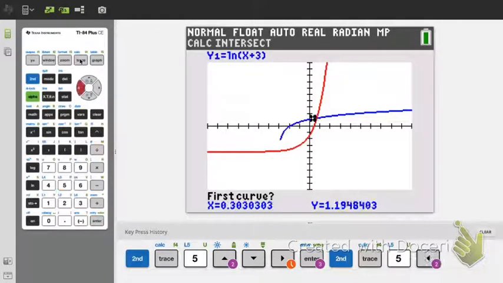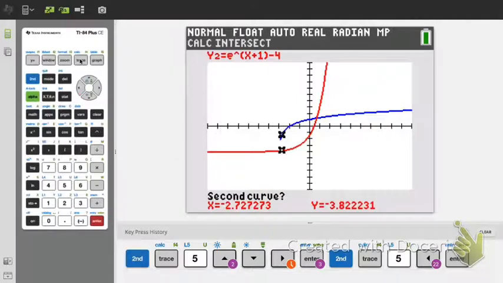I'm going to go closer to where I think the intersection point is, even though it doesn't show up. So I'm going to keep scrolling to the left, and I'm going to hit enter 3 times. And it actually has an intersection at -2.97897.